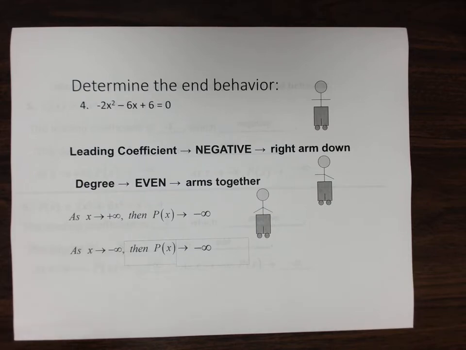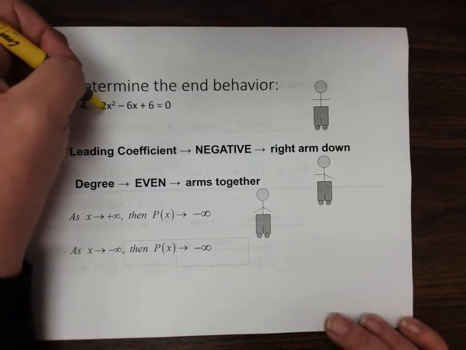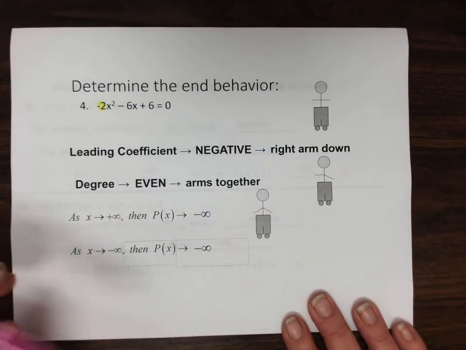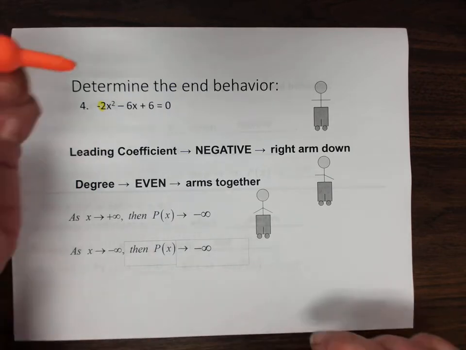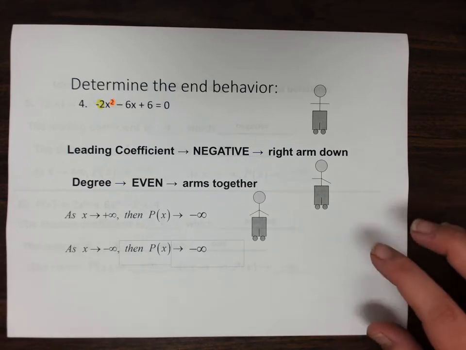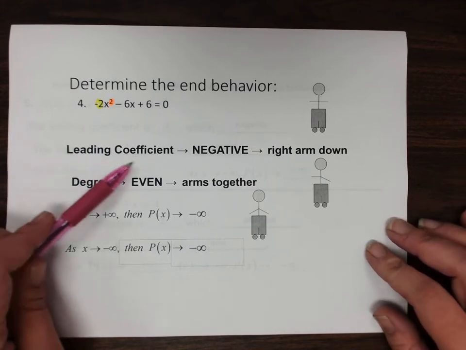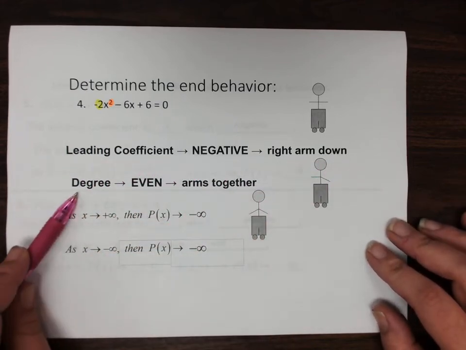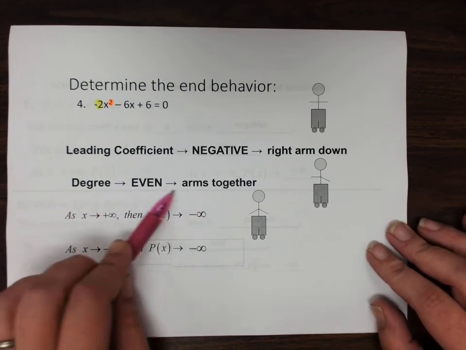Another example, here leading coefficient is negative, right? So that tells me we're going down on the right side, right? Right arm down. But our degree here is even. And since it's even, we know that both sides must match, right? Even functions have matching end behavior. So the leading coefficient is negative, so we know that it's going down, but we know that it's an even function as well.